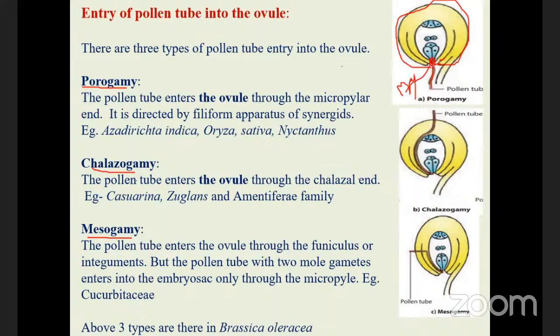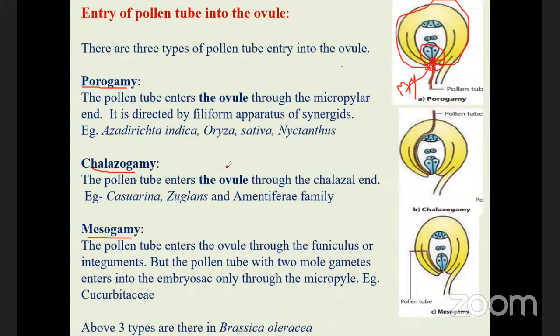From the open porous space, the pollen reaches toward the ovule. That open porous space of the integument is called the micropyle. That is reaching through the pore. That's why they call it porogamy. It is the commonest type of fertilization.